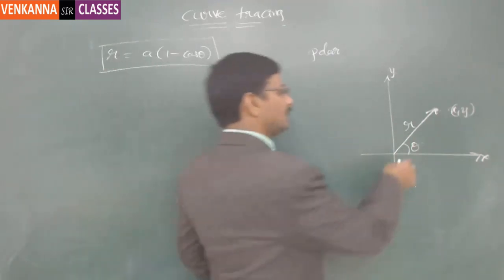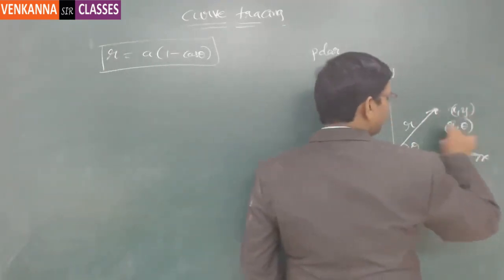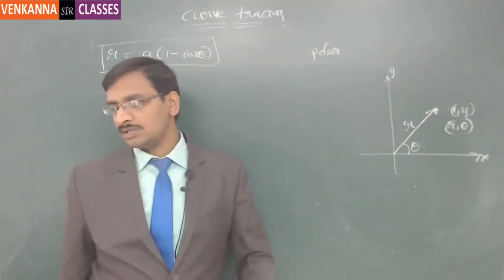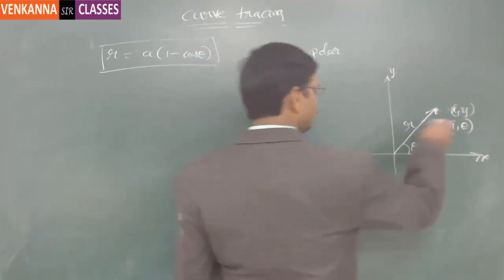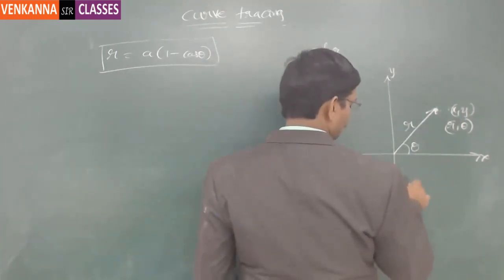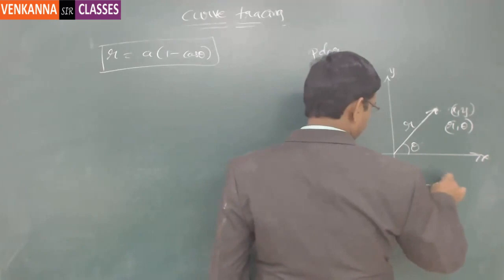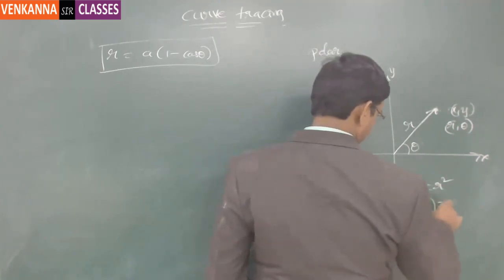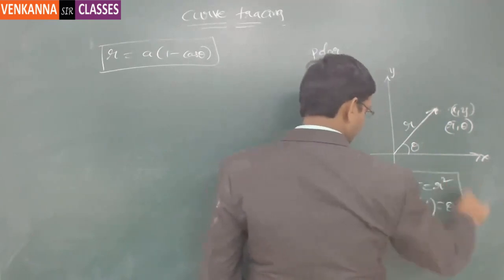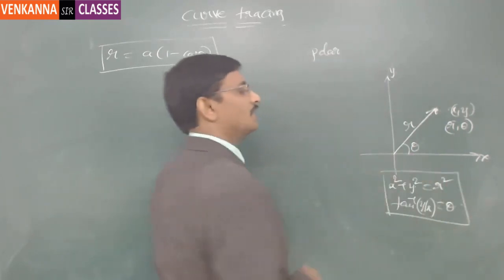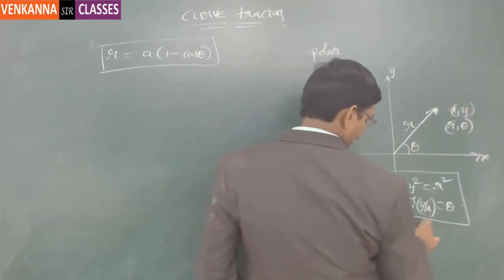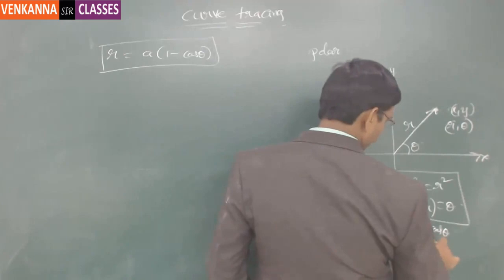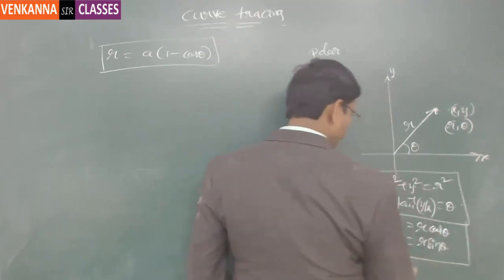So r comma theta is the location of the point represented by x comma y in Cartesian coordinates. The relation between these two is x square plus y square equals r square, and tan inverse of y by x equals theta. To convert the other way, x equals r cos theta and y equals r sin theta. This is the brief about the polar coordinate system.